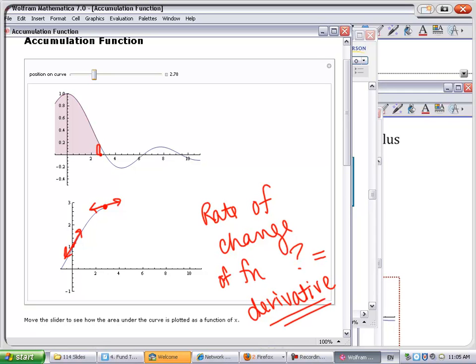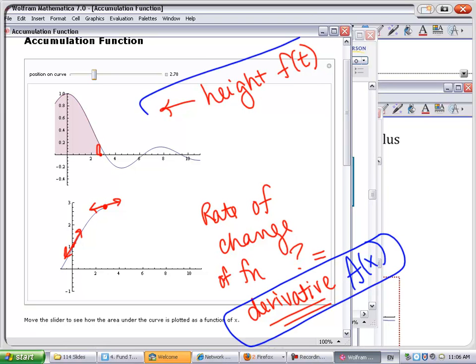So we seem to be saying that there should be a relationship between the height of little f of t and the derivative of the area function. The taller f of t is, the faster A of x should be changing, so the derivative should be bigger.